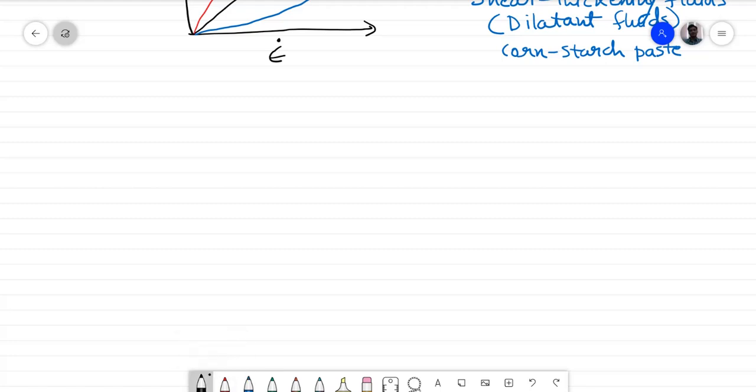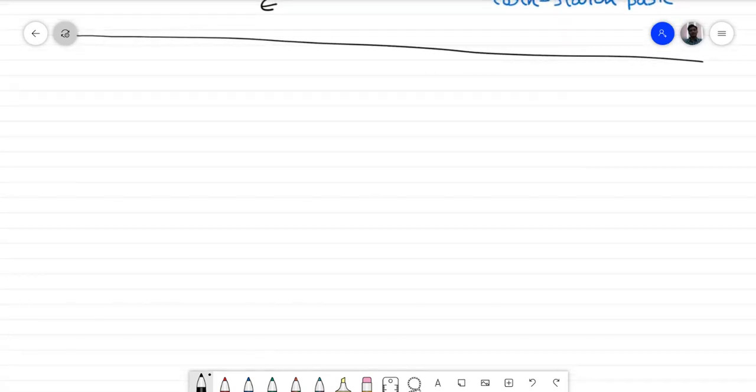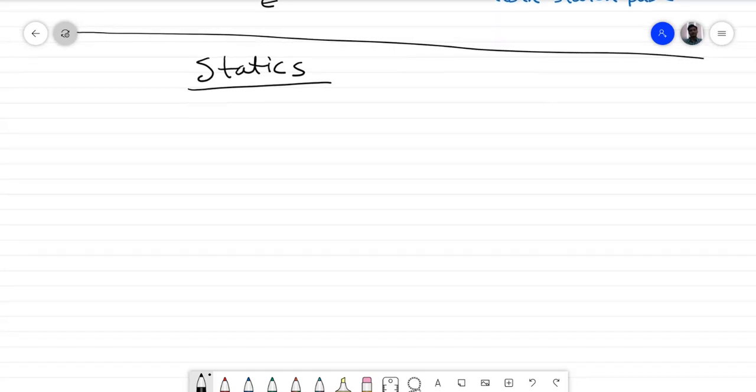Now, although this is not a part of this course, it is assumed that you would have learned this in your basic fluid mechanics course. We'll talk a little bit about fluid statics. So that, just to recap this statics part.